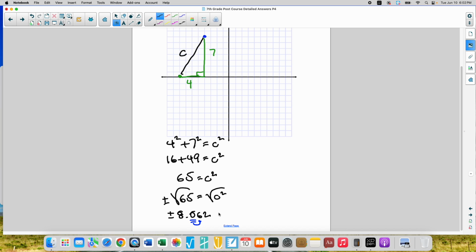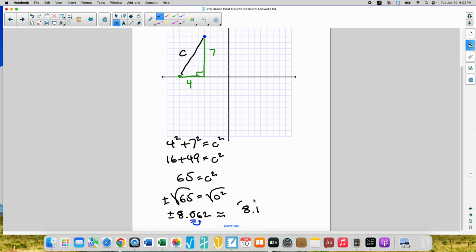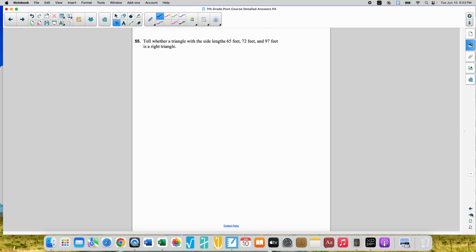And so this is going to be approximately 8.1. And does it give units? No. So my answer is going to be 8.1, which is rounded to the nearest tenth. 8.1 units. Good.